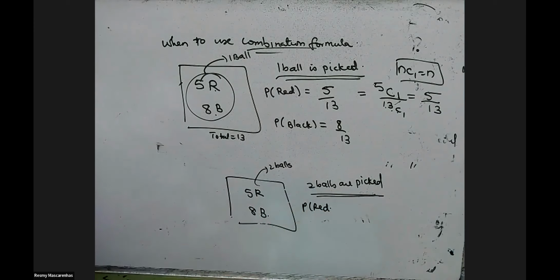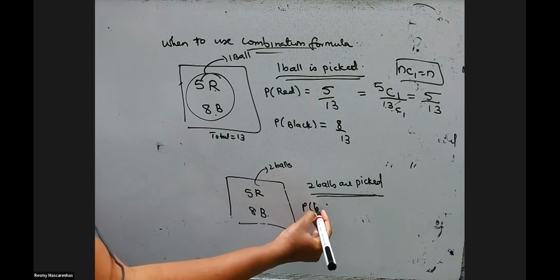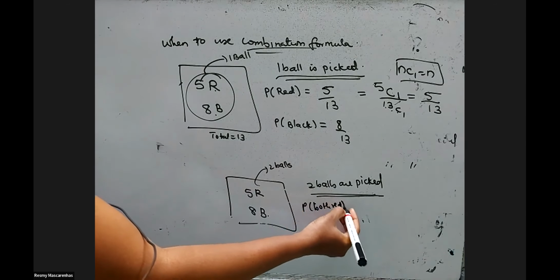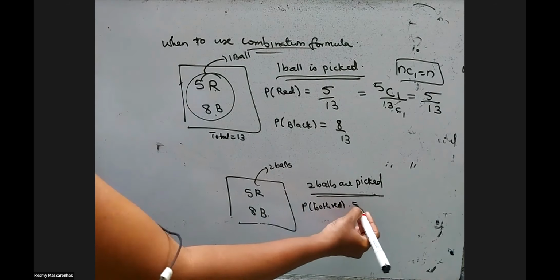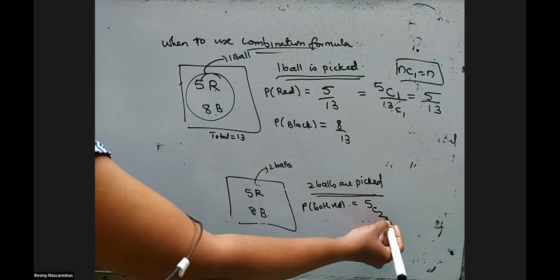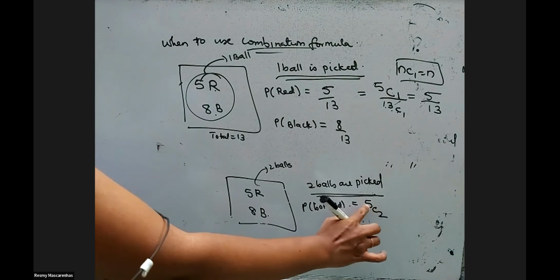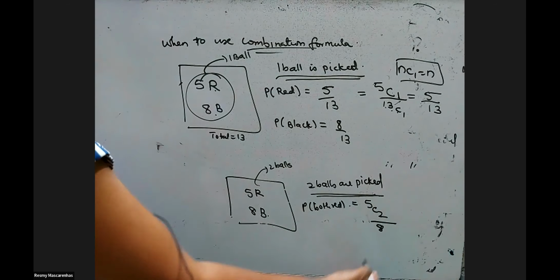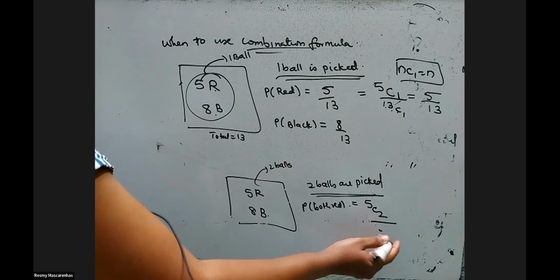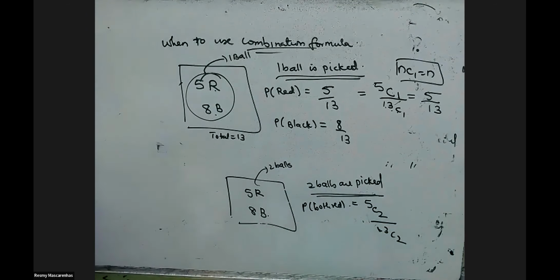Suppose the probability that both are red. Both are red means how many options you have? 5. Now it would be 5C2 because you are picking 2 red balls out of 5, and the sample space would have been 5 red and 8 black, this 13. We are picking 2 out of the total 13 balls.